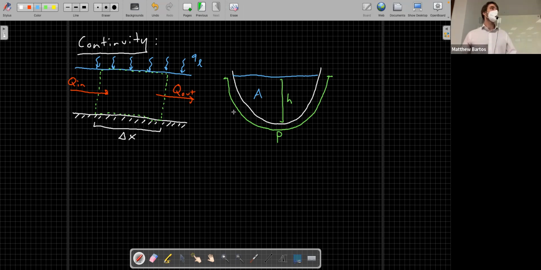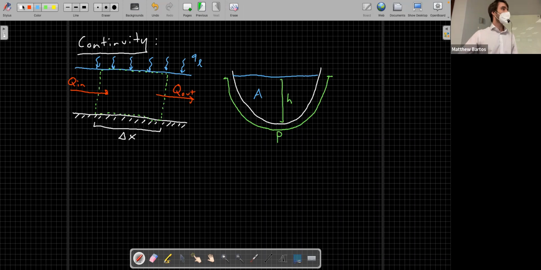Continuity essentially states that for any physical fluid system, the change in the mass within that control volume has to equal the mass in minus the mass out.